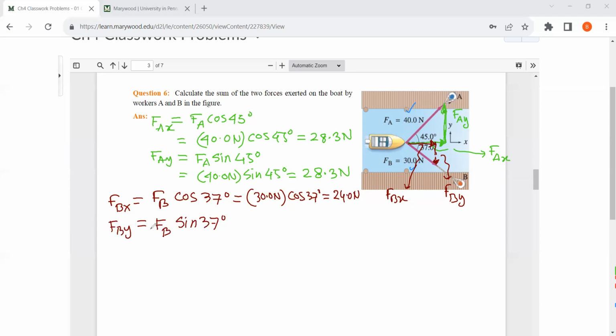Now here for FBy, you see that this is downward. Because this is downward, we have to use a negative sign. So you have to understand this also. If you don't use a negative sign, you will get a wrong answer. So it will be something like this.